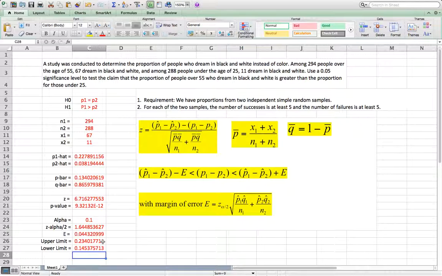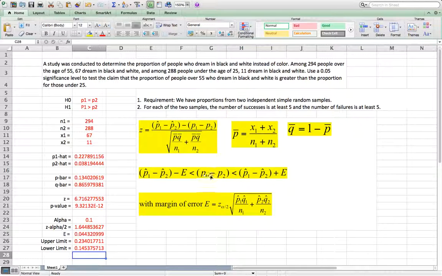Now, how do you interpret the result? Look at this confidence interval. It is a confidence interval for P1 minus P2. Since this confidence interval doesn't include 0, we know the null hypothesis P1 equal P2 will not be true.